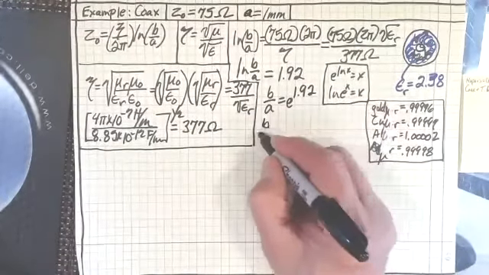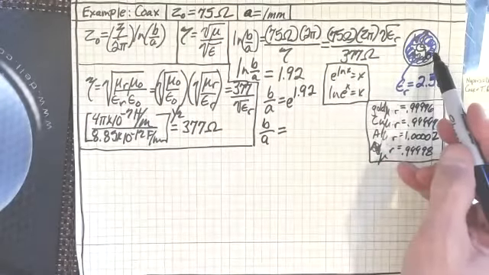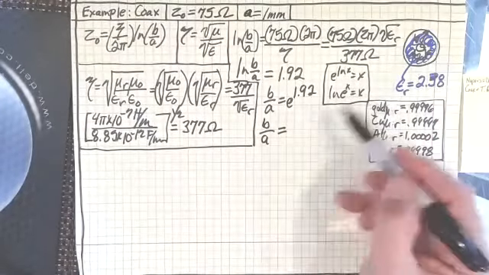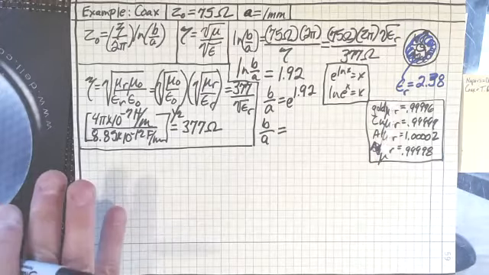And that means that B over A, the ratio of the outer ground shield radius, and I say radius all the time. Now, even though you might think, oh, hey, well, the ratio of the radius of the outside to the radius of the inside would be the same as the ratio of the diameter of the outside to the diameter of the inside. Yes, that's true, but that is not what B or A are.